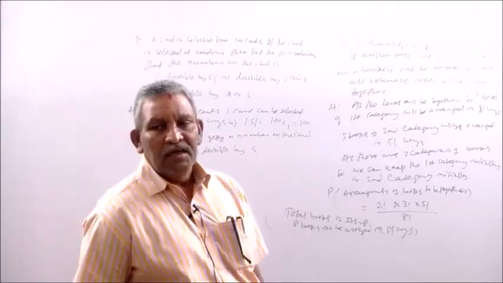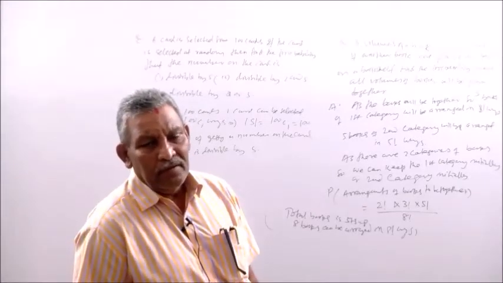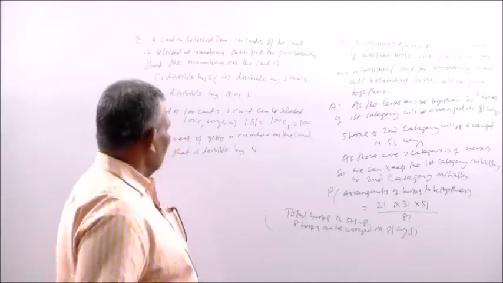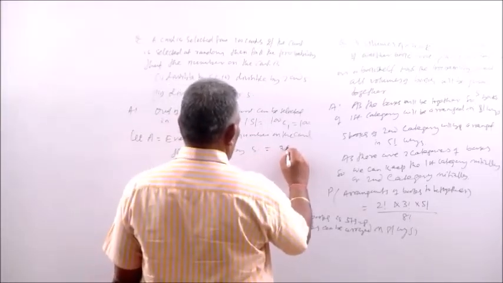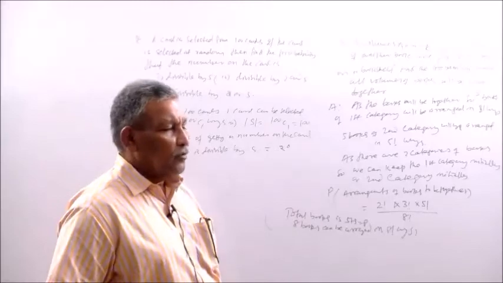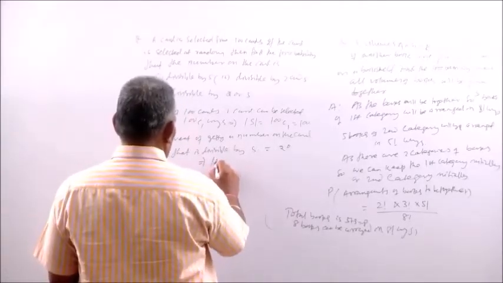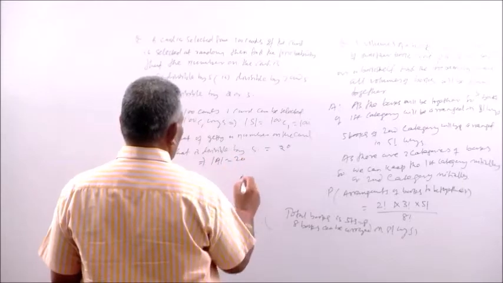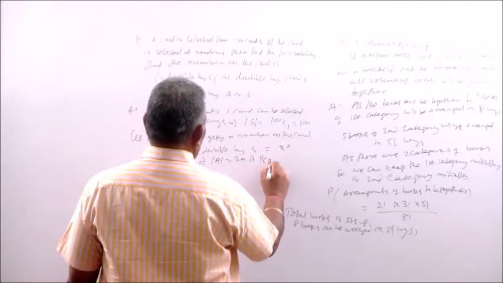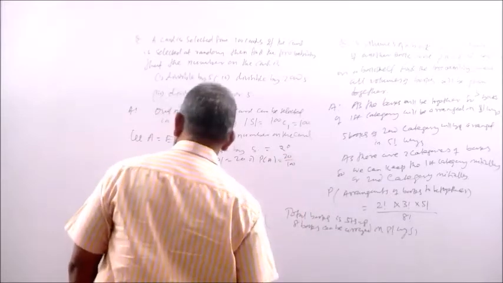So guess how many numbers are there between 1 and 100 which are divisible by 5? Their number is 20. The technique is you can divide 100 by 5, and the number will come out, that is 20. So cardinality of A equals 20, which implies P(A) is 20 by 100.